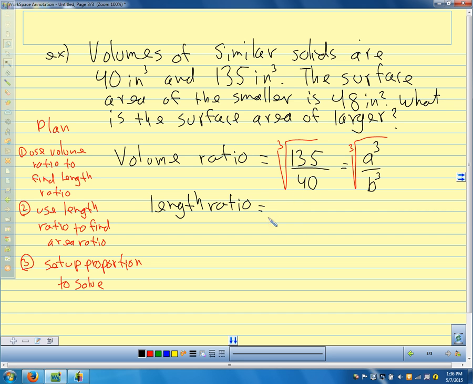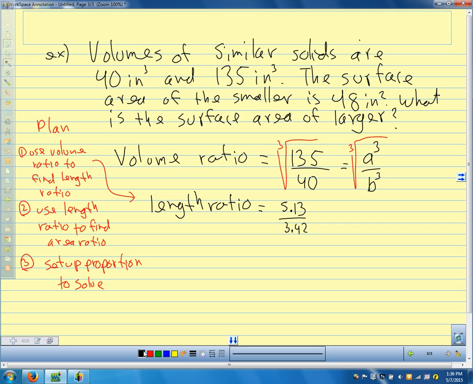So when I plug this into my calculator, I get 5.13, cube root of 135, over 3.42, that's the cube root of 40. So that's our first step: use the volume ratio to find the length ratio.